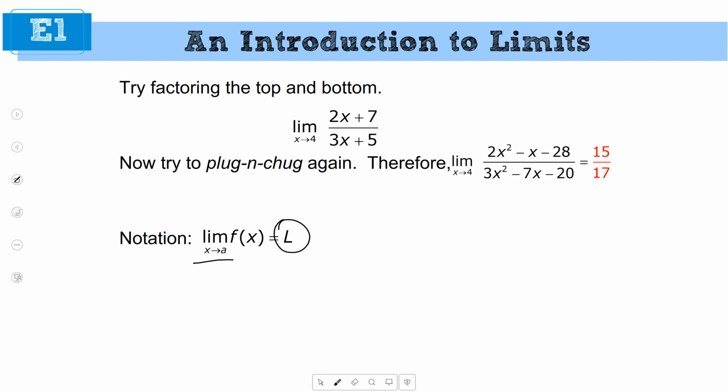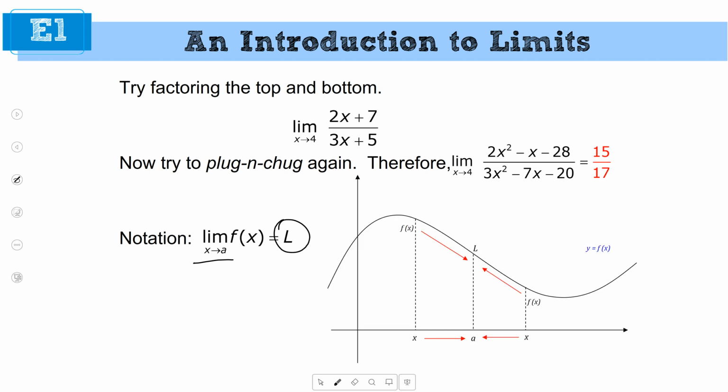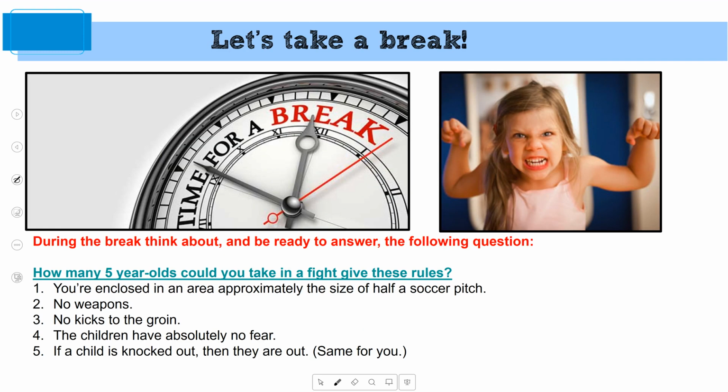It spits out a y value. What y value does the function approach as you get very, very close to that x value? And there's a picture, which you didn't need, but gives you another representation of what's going on using the general terminology there.